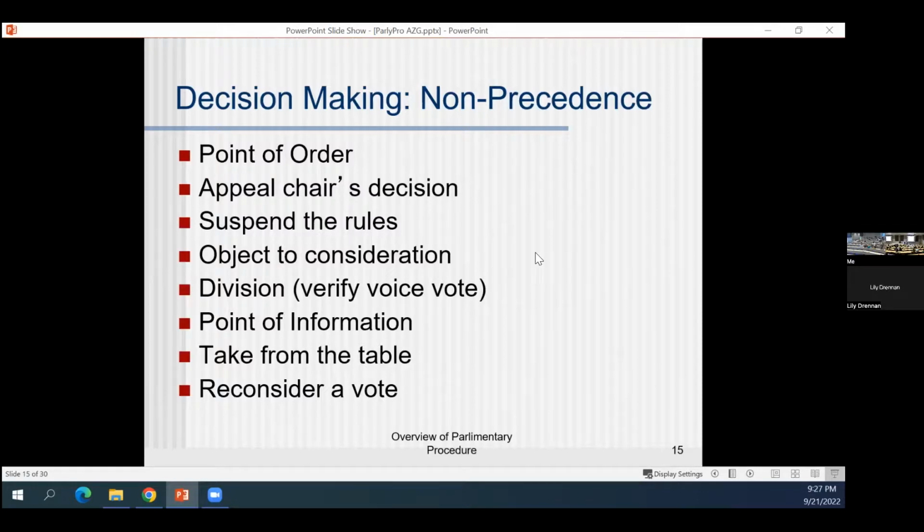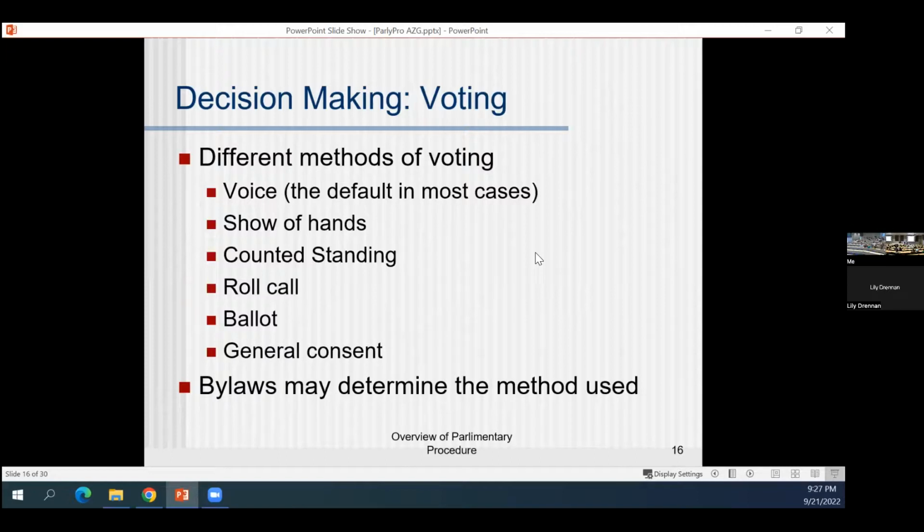I've sort of touched on a couple of these. Ways of voting. Voice vote is the default and the most common, and pretty much the one that you should use, I would say 98% of the time, with the exception of elections and possibly a very sensitive topic, but someone could move to change the voting procedure for that topic.